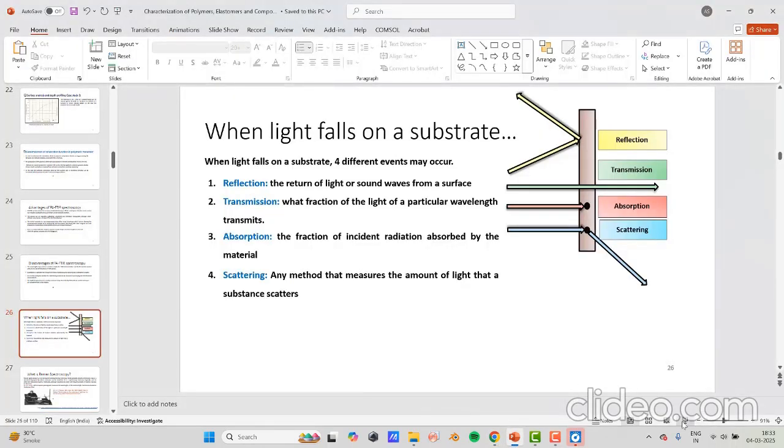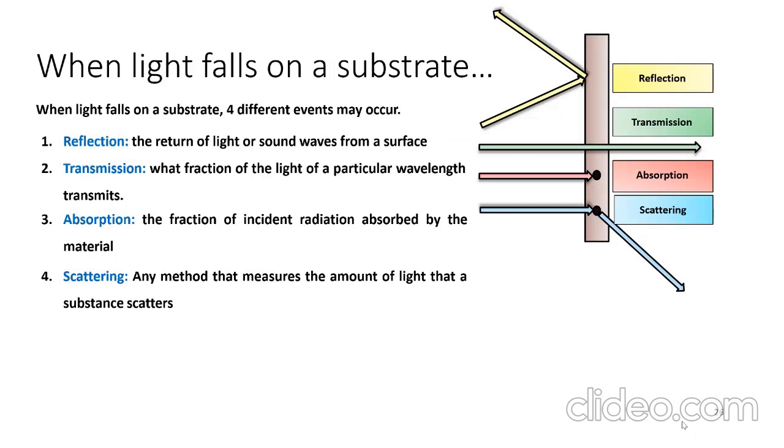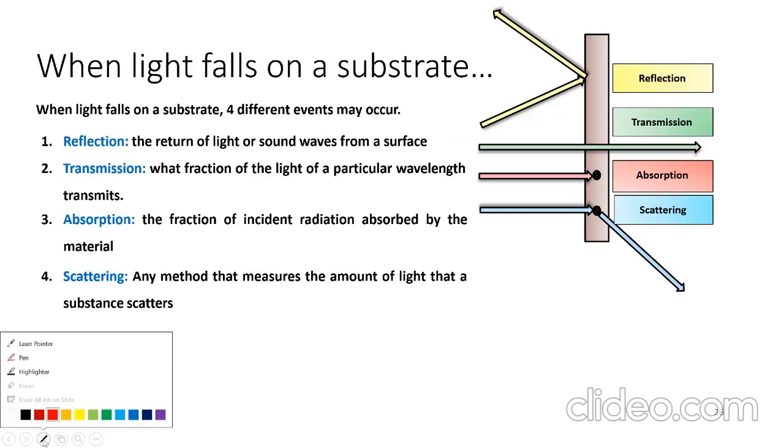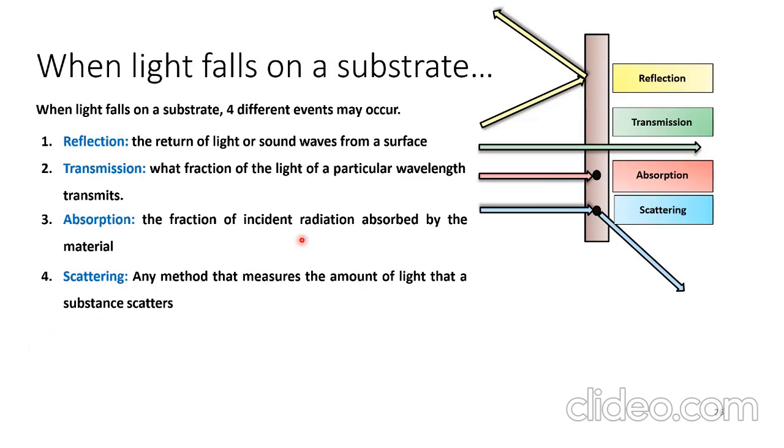Which phenomenon will happen, like reflection or transmission, depends upon the property of the material. Suppose a material is transparent, the light will get transmitted totally.